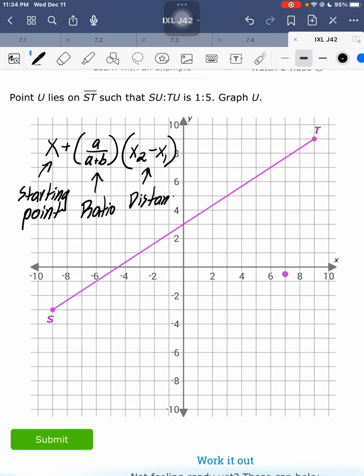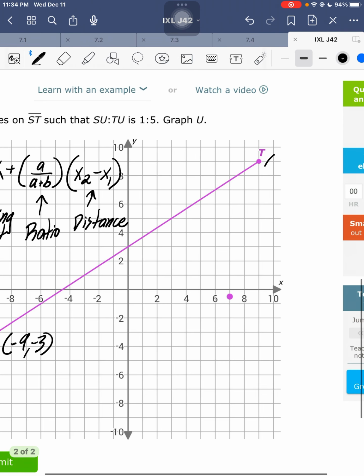This is your ratio. And this is your distance. So my S is on where? -9, -3. My T is on 9, 9.